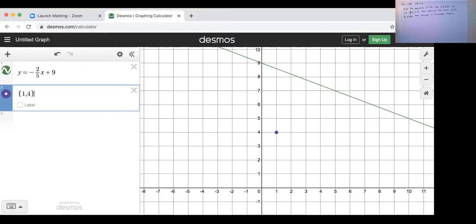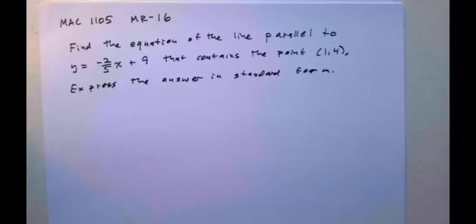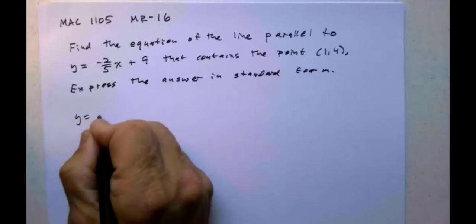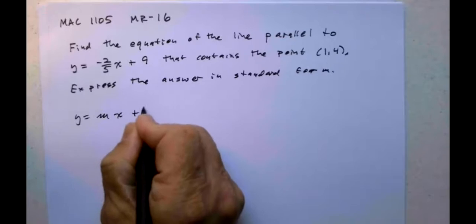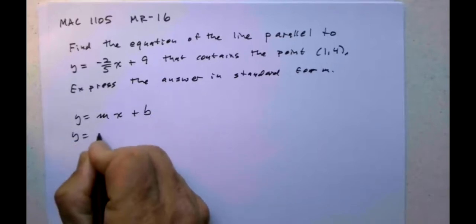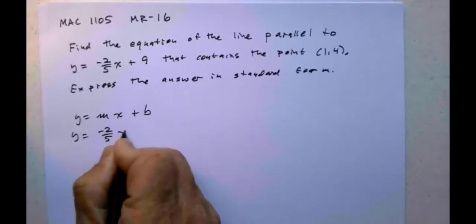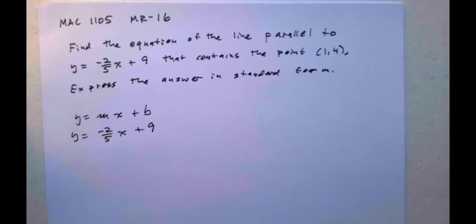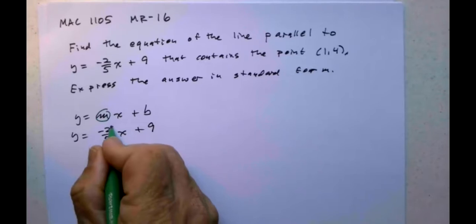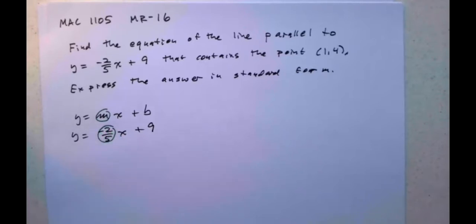So our slope here seems to be negative 2/5. Again, y equals mx plus b, y equals negative 2/5 x plus 9, so our m is negative 2/5. That's our original slope.